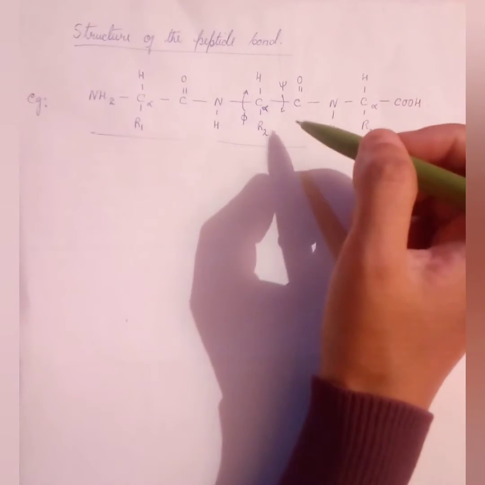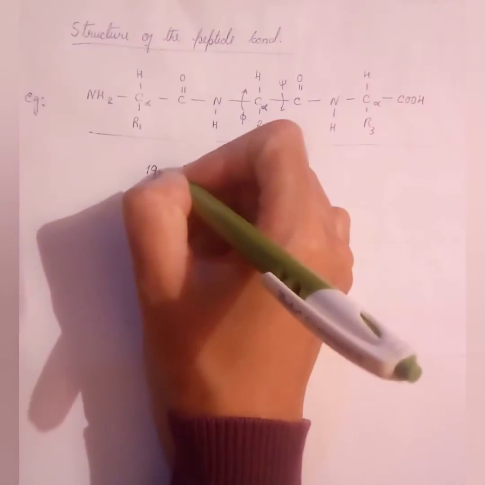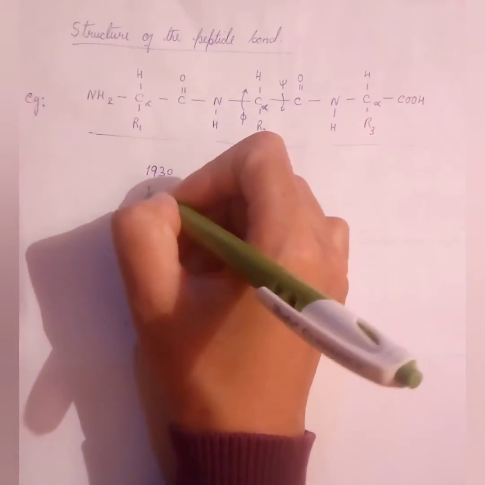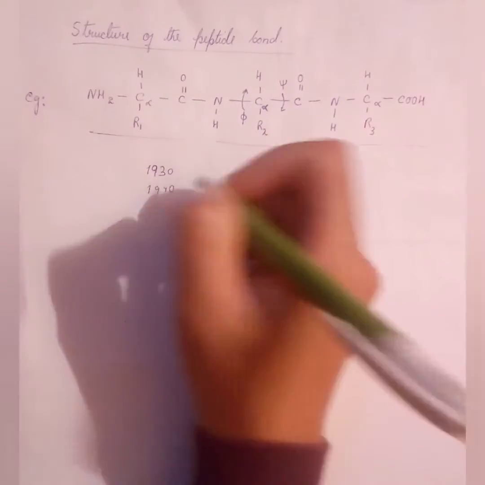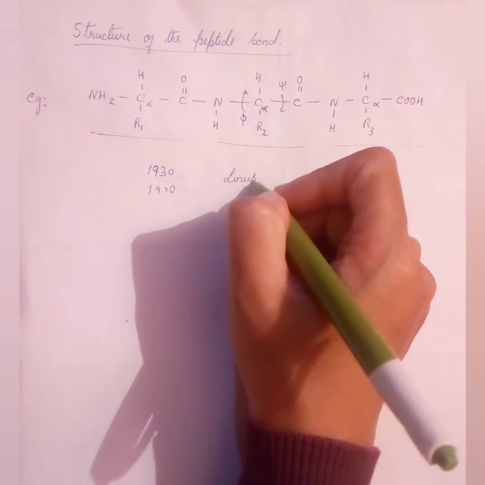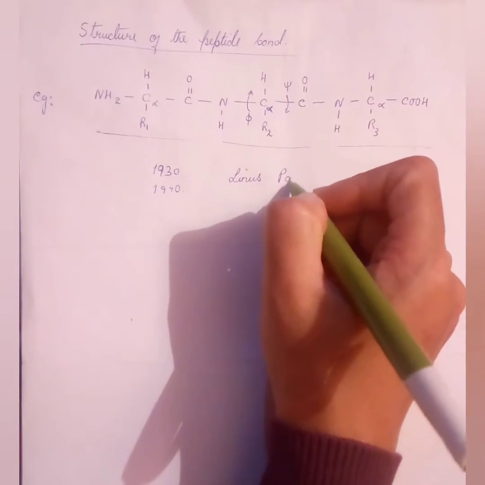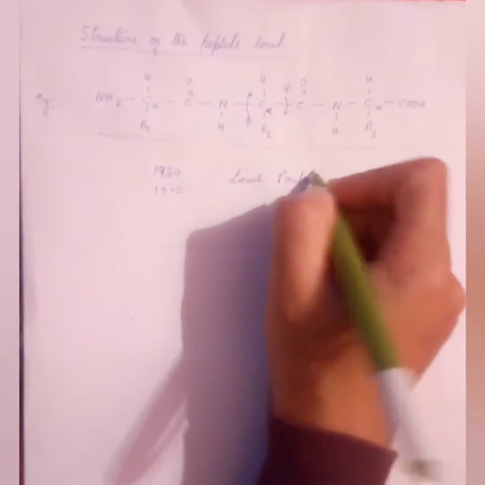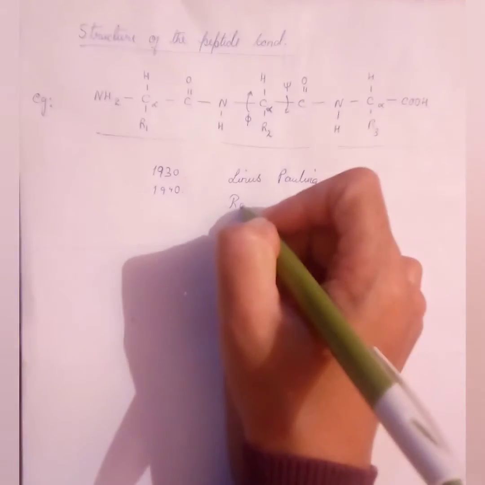Now in the years 1930 and 1940, there were two scientists, Linus Pauling and Robert Corey.